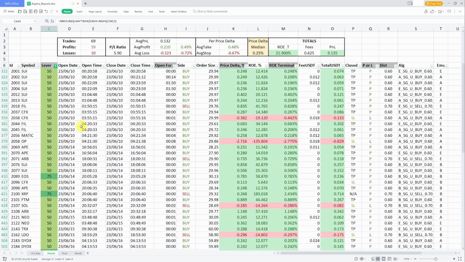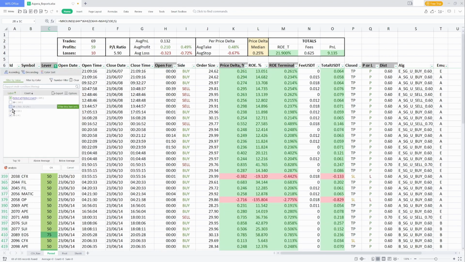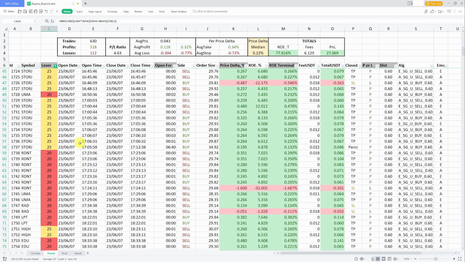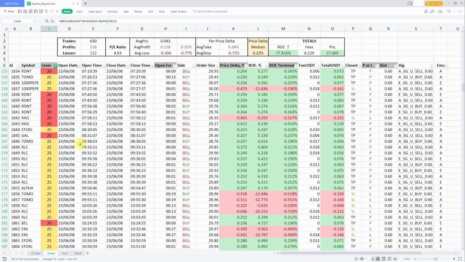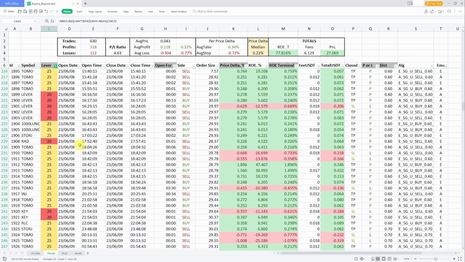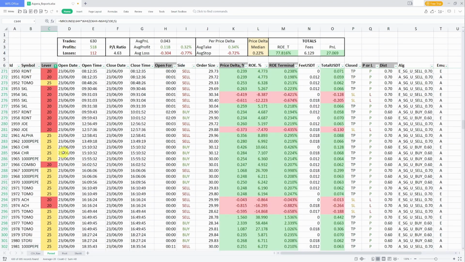But for the other ones, we have many more of them. So much more. Just this shows you that in the live market, the most volatile coins are more likely to be lower leverage coins.